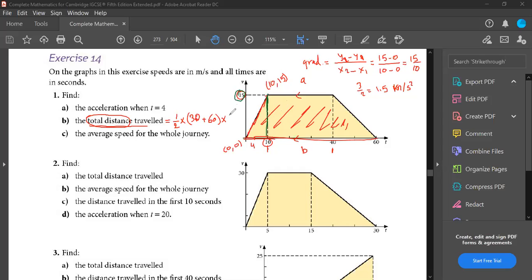No, 15. So that's 60 plus 30, that's 90. Half of 90 is 45. 45 times 15 is 675 meters.